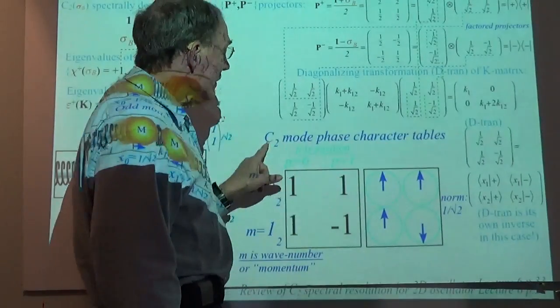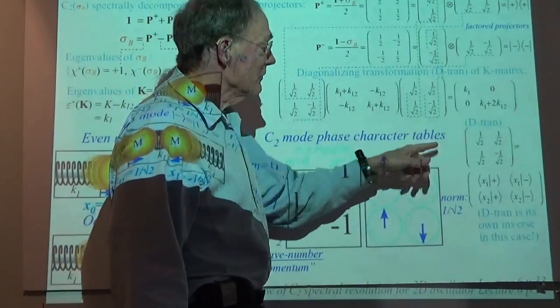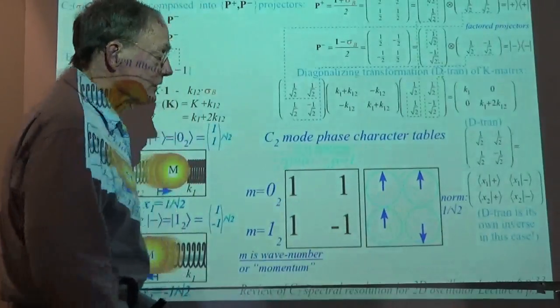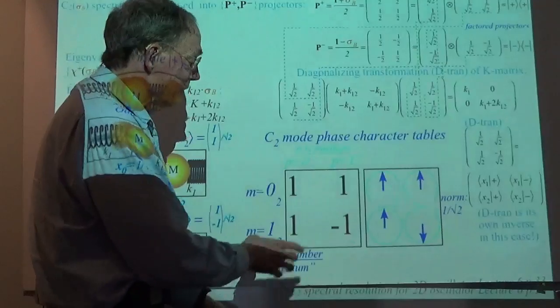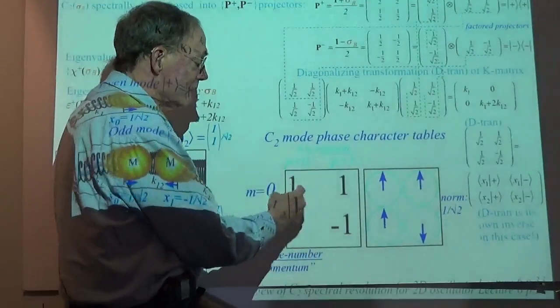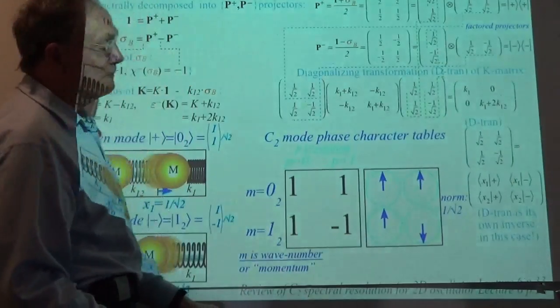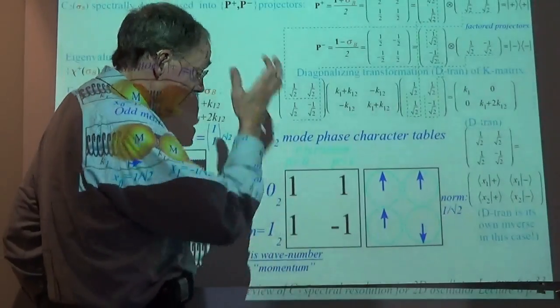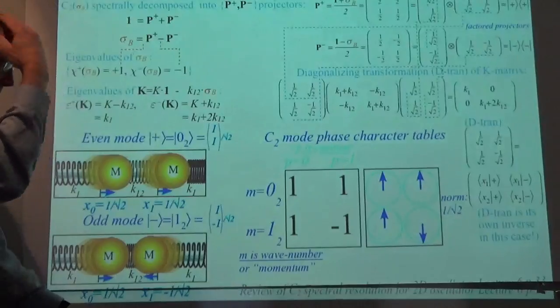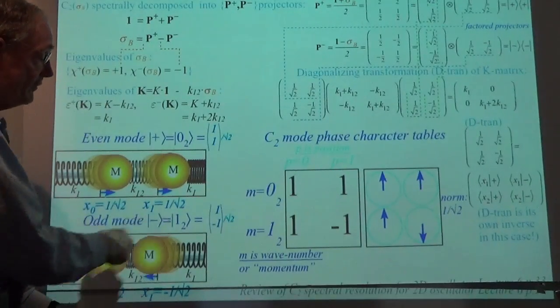So this is the C2 mode phase character table that we looked at ever so briefly, written in phasor notation, but when you look them up in the library in a group theory book, you're going to have a table of numbers, usually complex numbers.